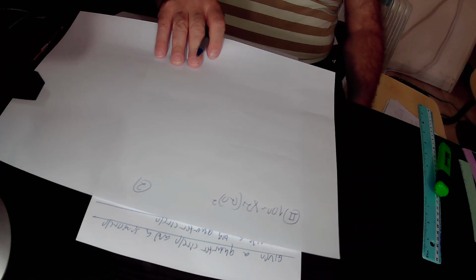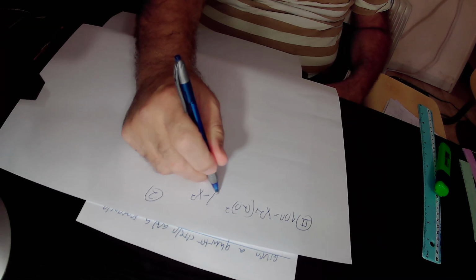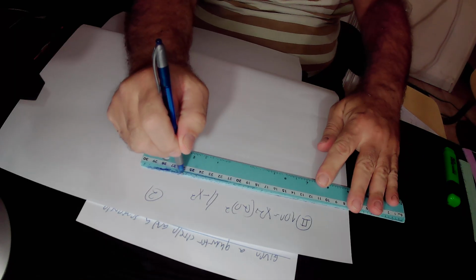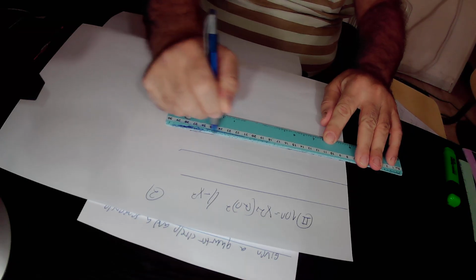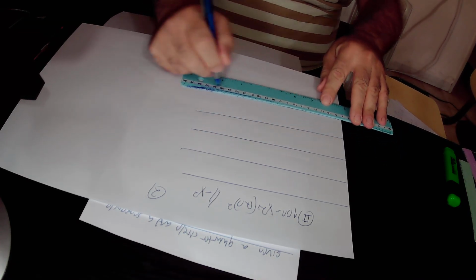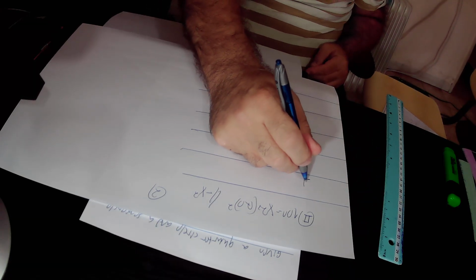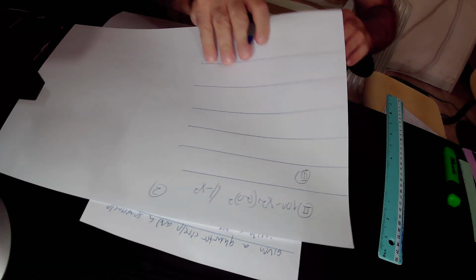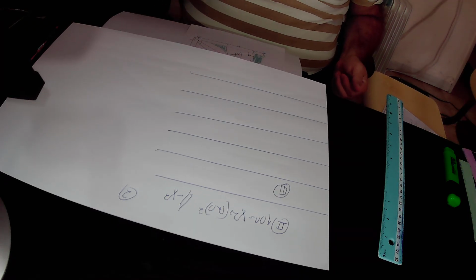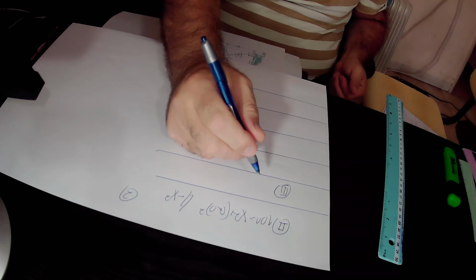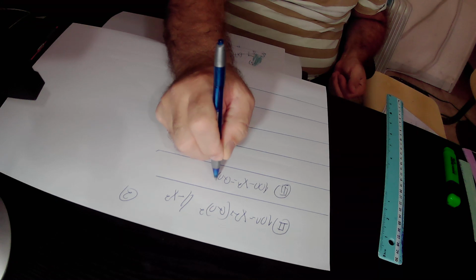Here we will subtract x squared from this equation, equation 2, and get that 100 minus x squared equals QO squared.